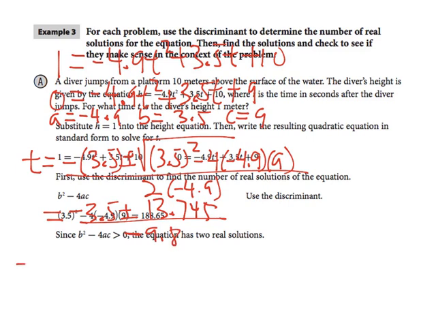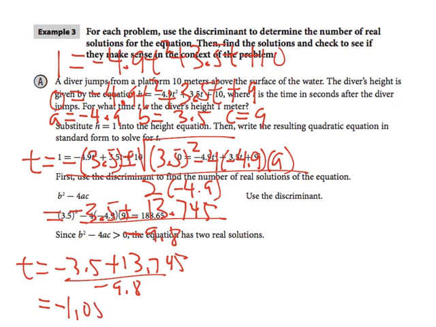So we see that t could be equal to negative 3.5 plus 13.745 over negative 9.8. Right, so this gives us the answer of negative 1.05 second.